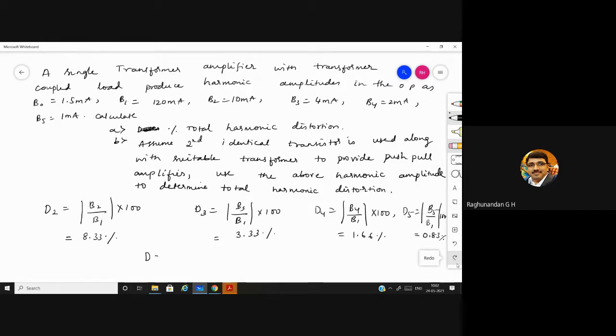Now substitute it in our formula, which is D2 square plus D3 square plus D4 square plus D5 square.